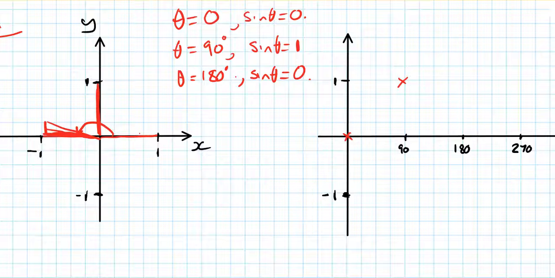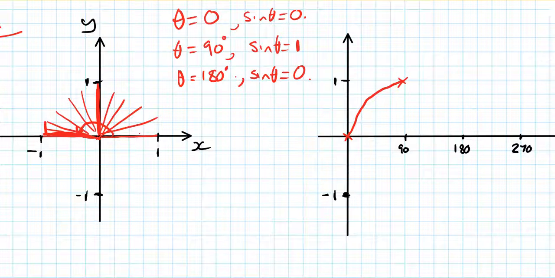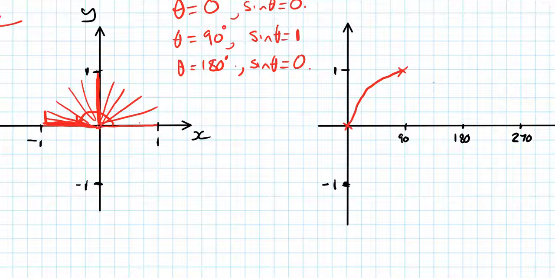And obviously between those 2 points, as we moved up through this angle, we got larger and larger. And then as we went towards 180, the sine of the angle went down slowly until at 180 degrees, it was 0. So if we were to plot it so far, that's what it looks like.